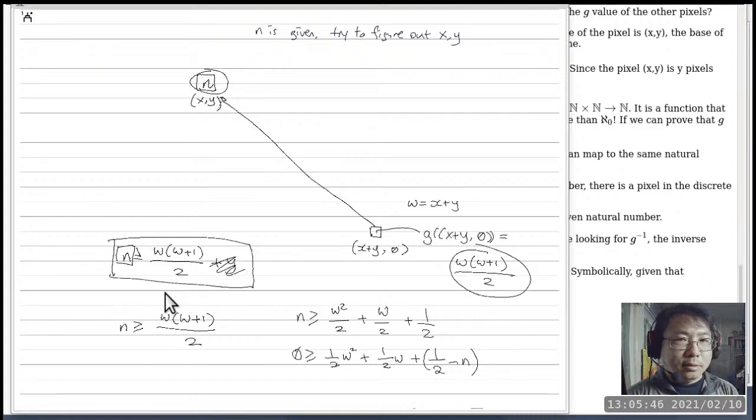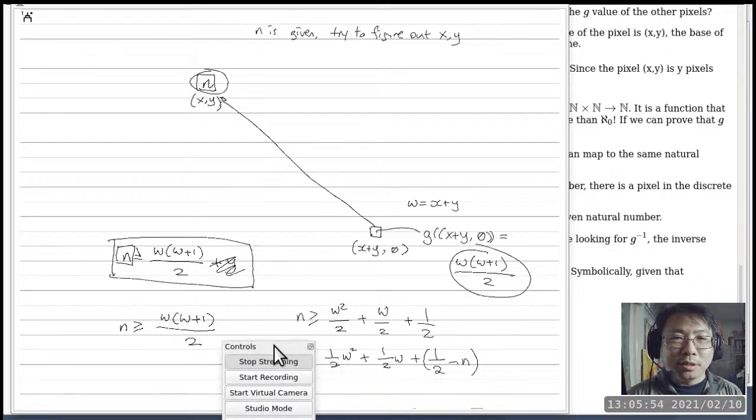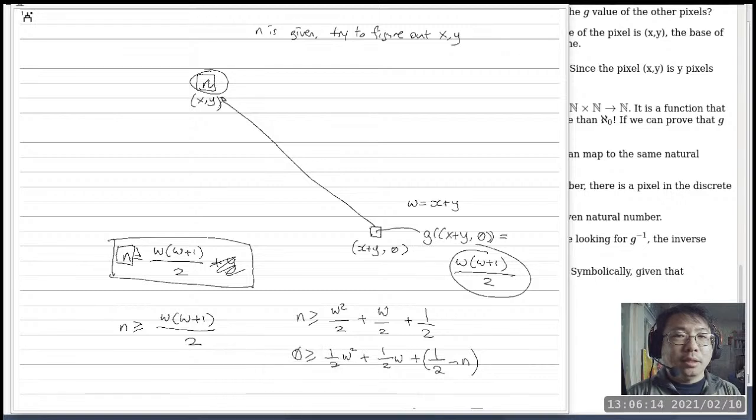If I just cover up the 0 is greater than or equal to, and just look at this part here, what does that look like? N is given, a known value. What does it look like? A quadratic. Very good. So this is a quadratic inequality.